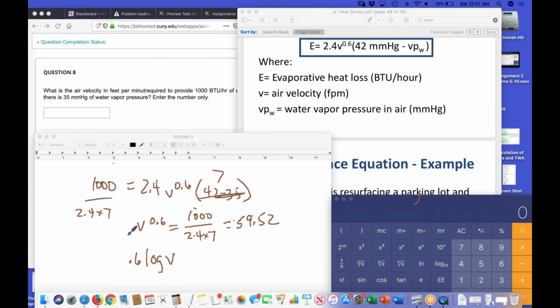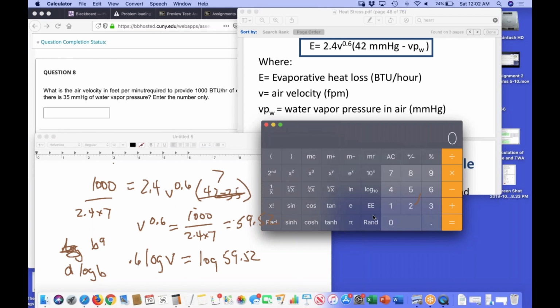If I have b to the a power and I take the logarithm of it, you would have a times the logarithm of b. So 0.6 times the logarithm of v is equal to the logarithm of 59.52.